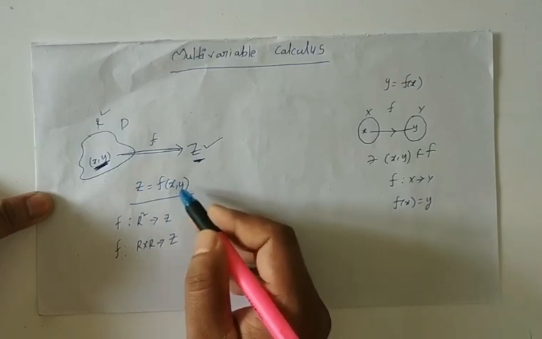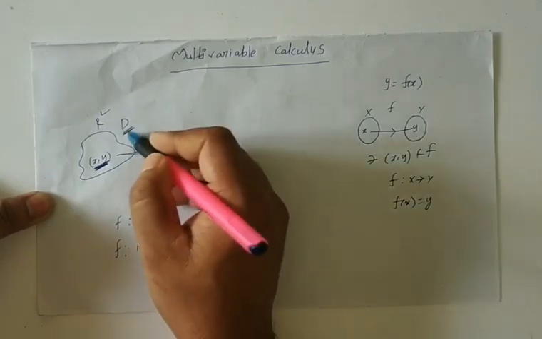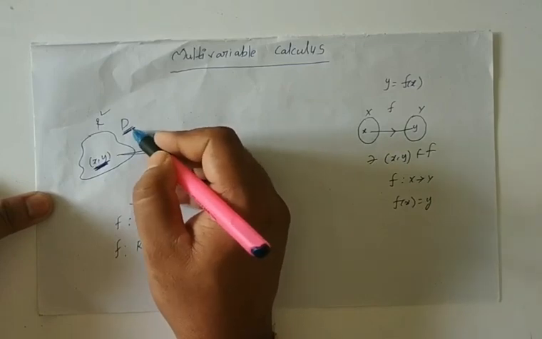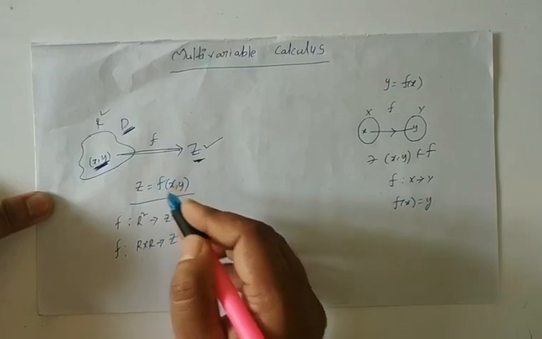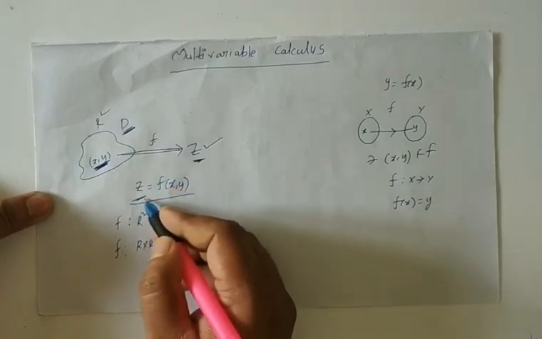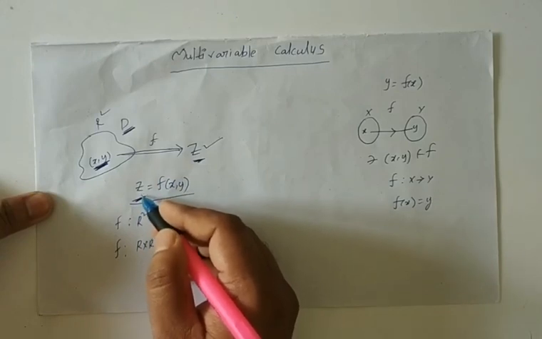The set D is called the domain of the function, and the collection of corresponding values of z is called the range of the function.